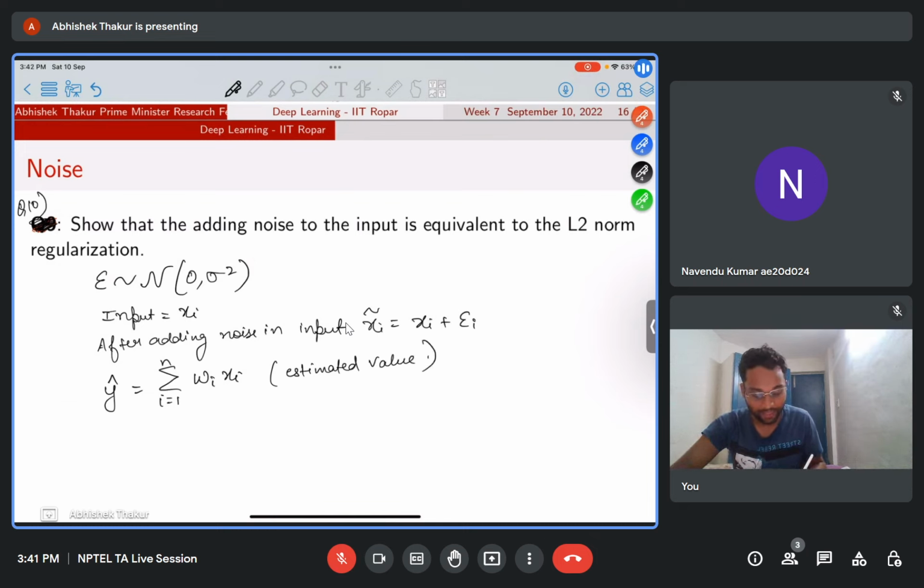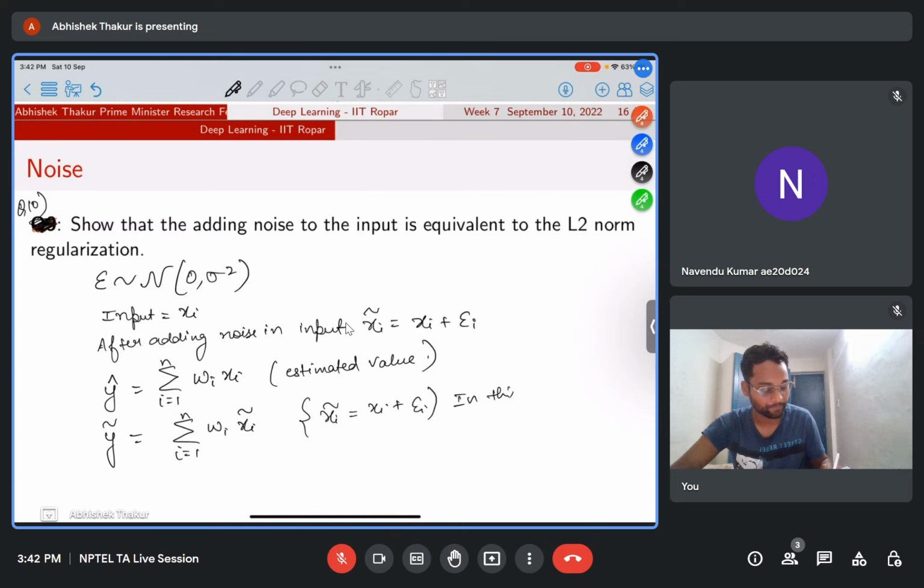Now next, our x is added with some noise. So in this case y tilde will be the summation from i equal to 1 to n of wi xi tilde. Why? Because xi tilde is equal to xi plus ei. So in this case noise is added in this input.